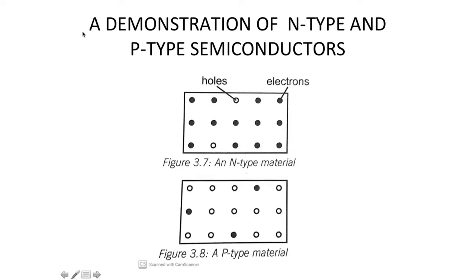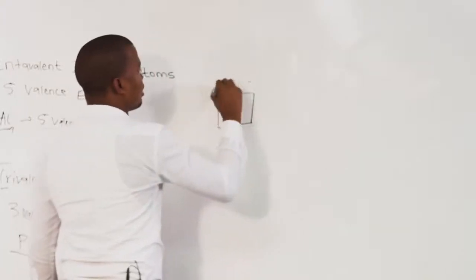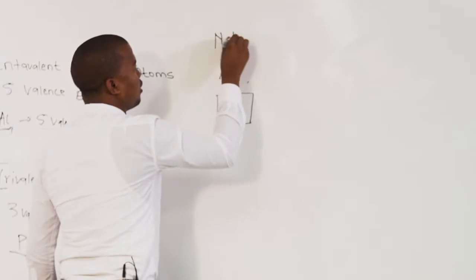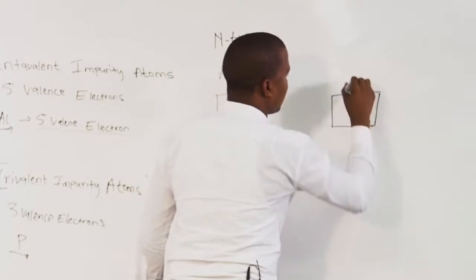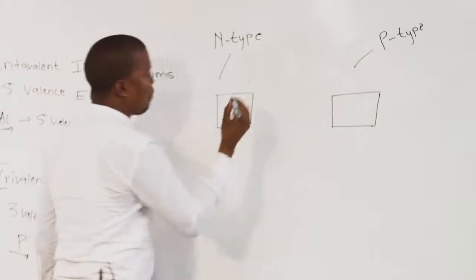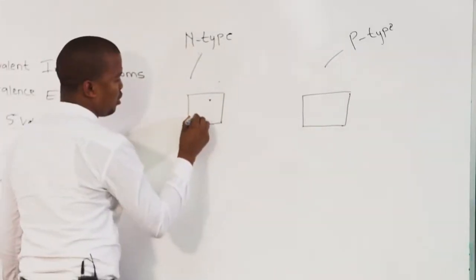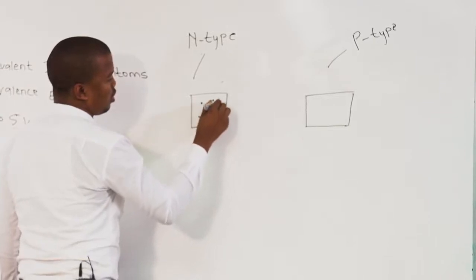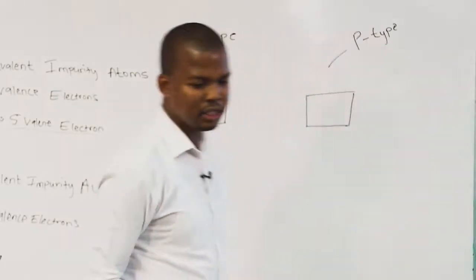On your slide, you can see a demonstration of an N-type and a P-type semiconductor. Let's say this is an N-type, and this is a P-type. The black marker will represent holes, and the red marker will represent electrons.